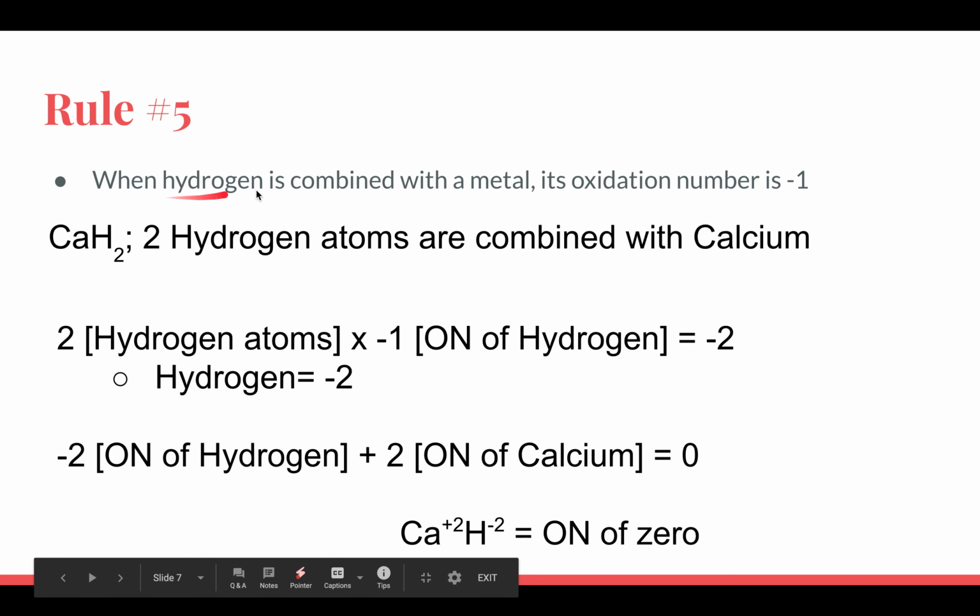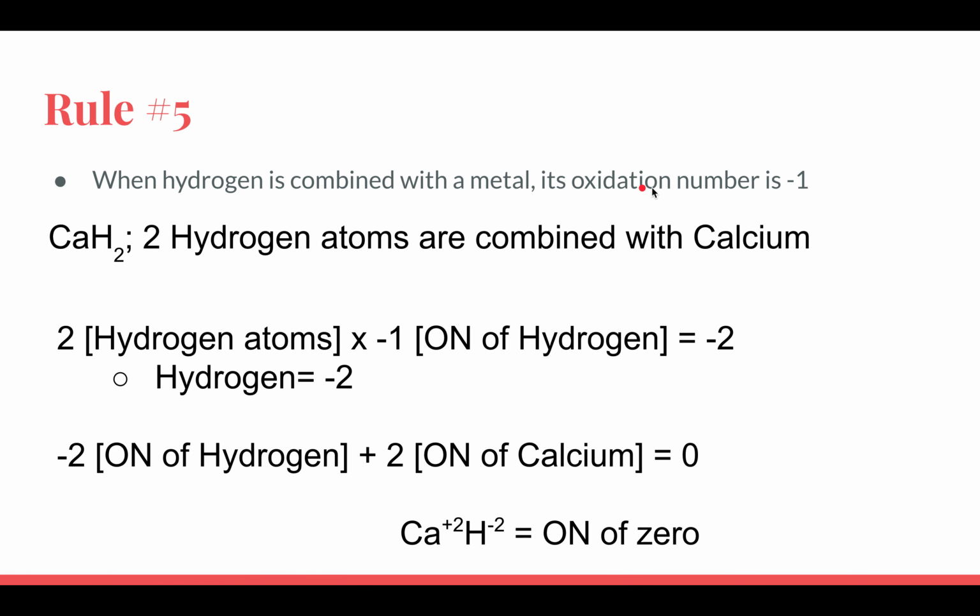Rule number 5. When hydrogen is combined with a metal, its oxidation number is -1. So calcium and hydrogen, CaH2. We have two hydrogen atoms combined with calcium.